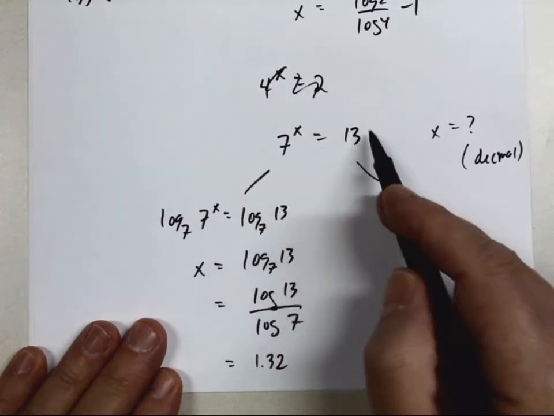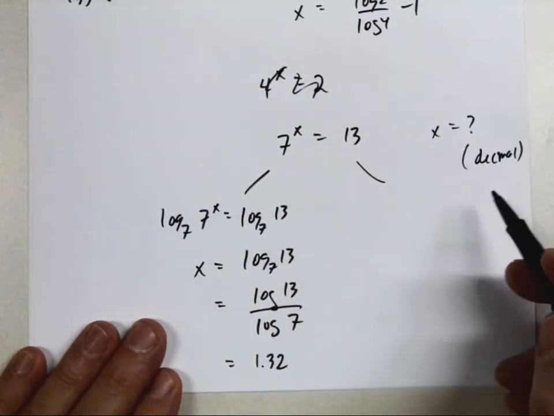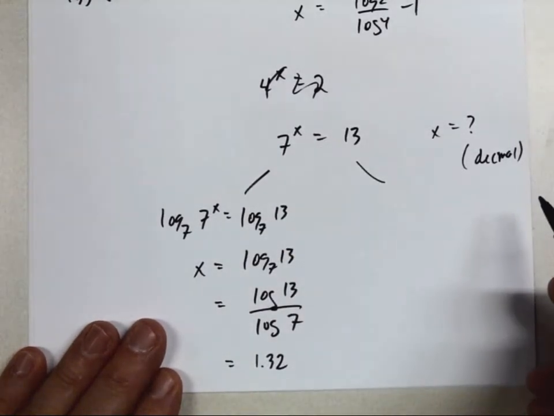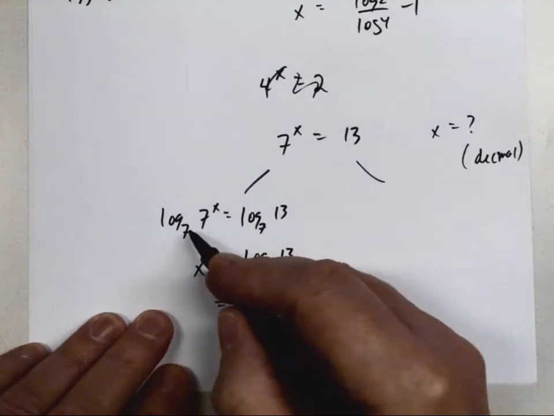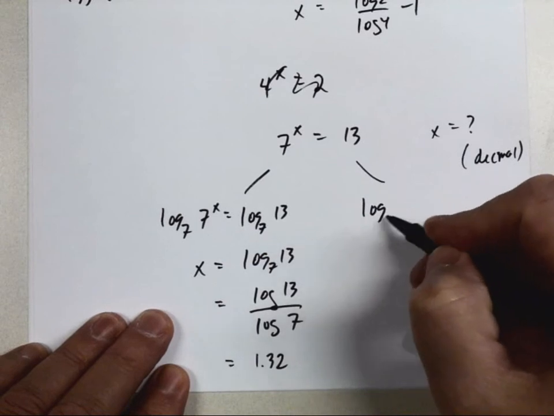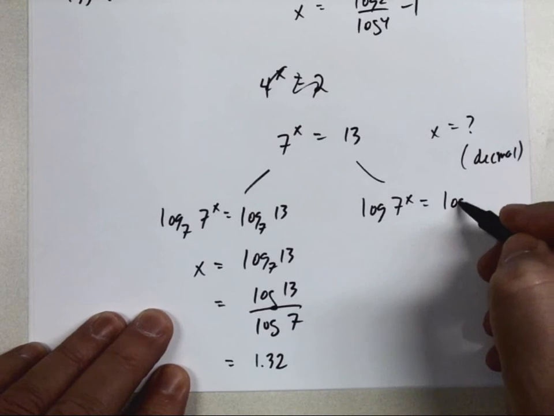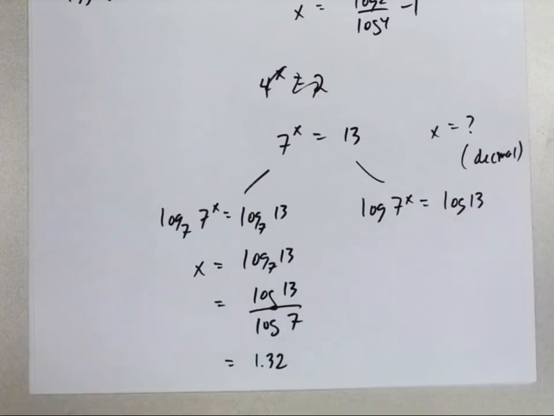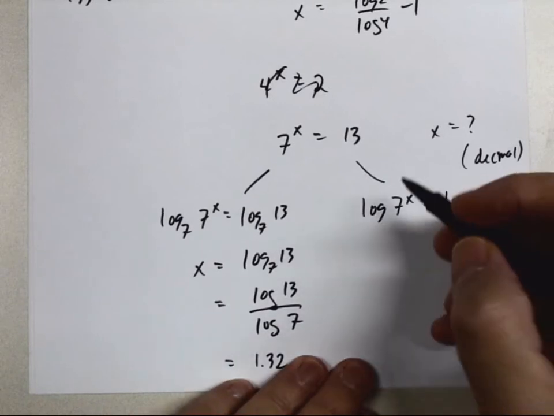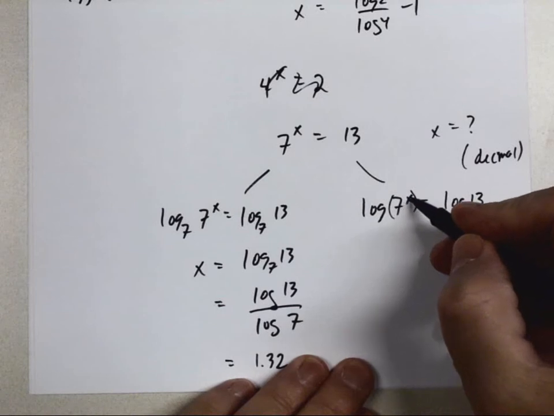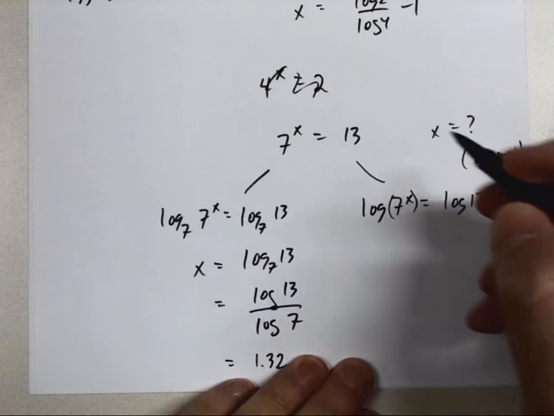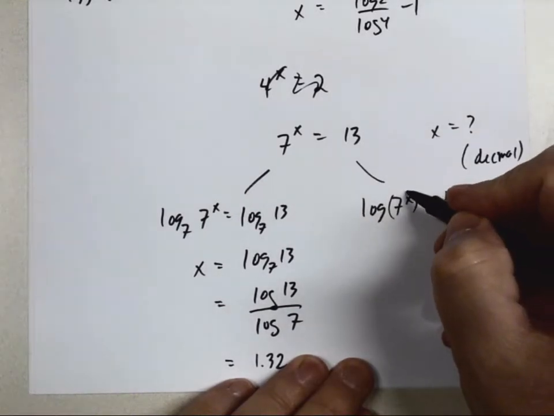However, I can do the same thing here. I can take the log of both sides, but instead I'm going to take log base 10 of both sides. Now the advantage of this is at least I'm using common logs when I eventually grab my calculator, but the problem isn't always as simple at first, because now I have log of 7 to the x equals log of 13, but then I remember that special rule.